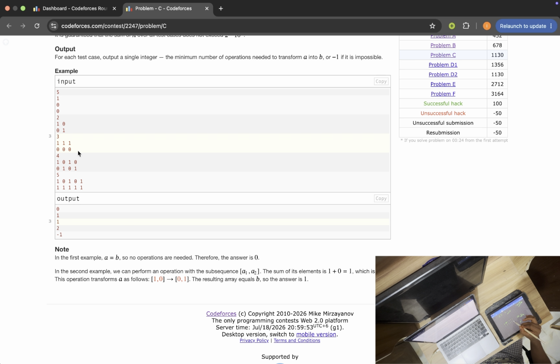What if I have some zeros? Okay, let's make them 1, 2, and everything matches. There's 2, so I need the operations to be even. Actually, the 0 doesn't count at all.